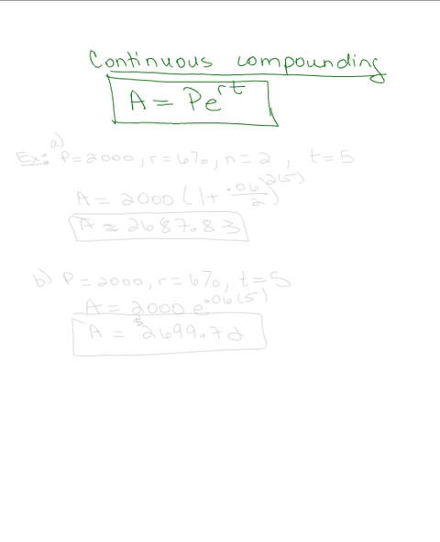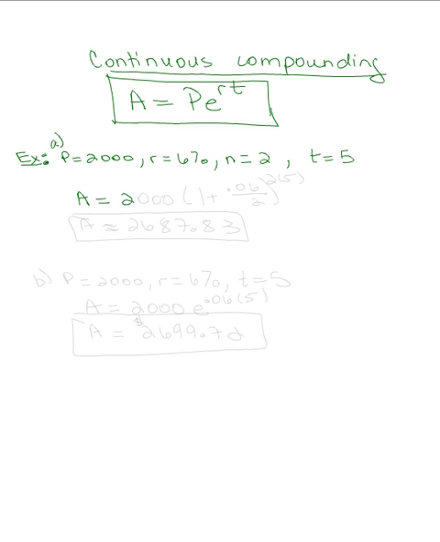For example, consider you start off with $2,000 and you want to have an interest rate of 6%. N equals 2. Interest is being applied twice a year. I'll call this part A. And we want to know how much money we'll have after 5 years.